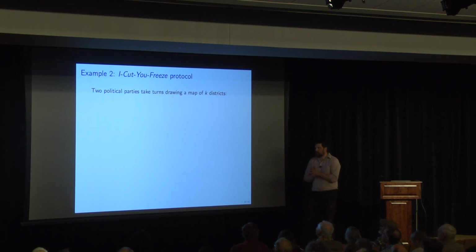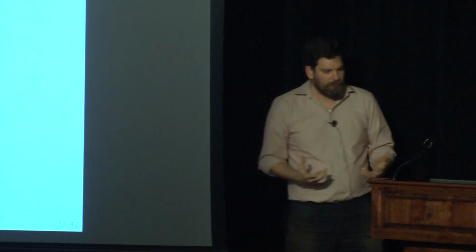So here's the game. You have two parties. Maybe you think of them as brats. And they're going to take turns drawing a map. The first player is going to draw the map that he likes into K districts. He's happy with all K of the voting districts that he draws. He takes his map and passes it to the second player.